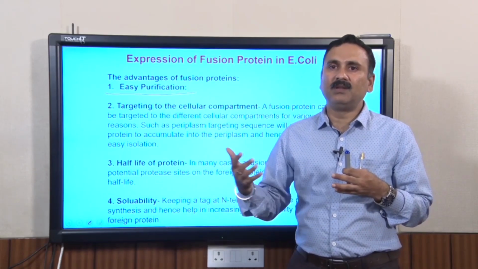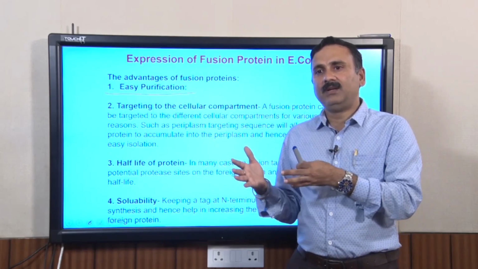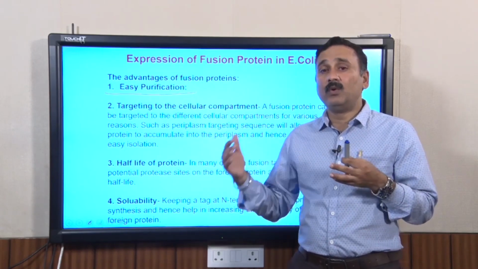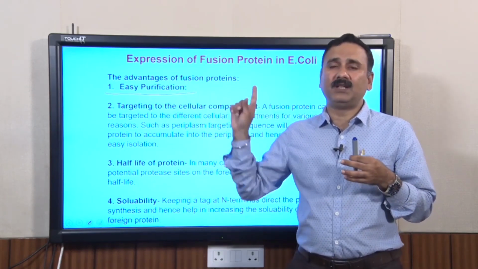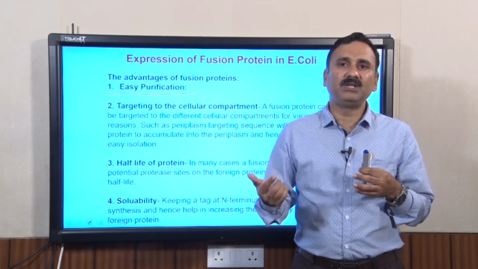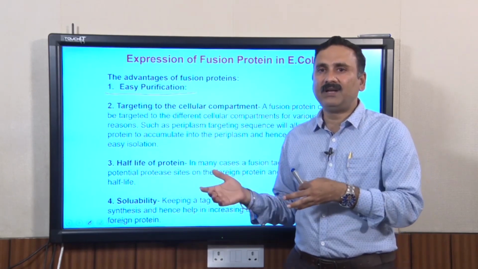In that process, first, you get very high purification. Number 2, you use only a single column, the affinity column, and that gives you very high purification compared to using multiple conventional chromatography techniques.